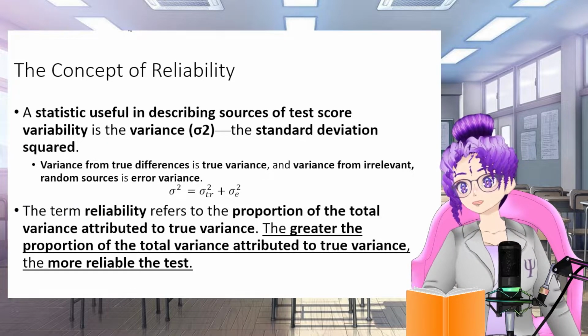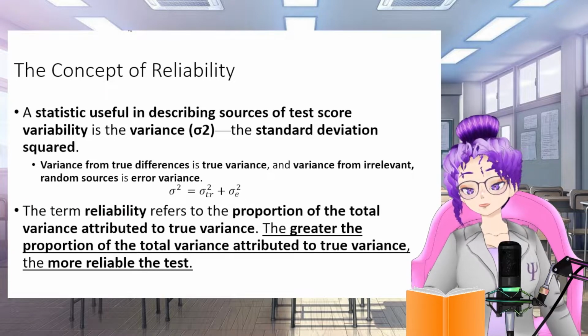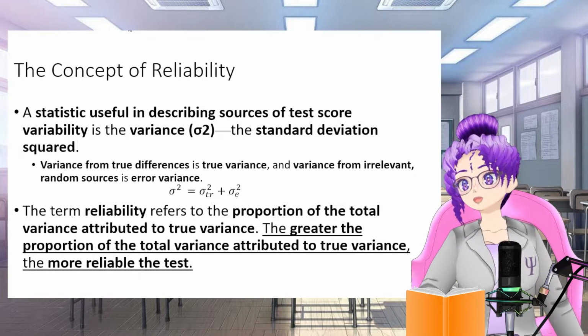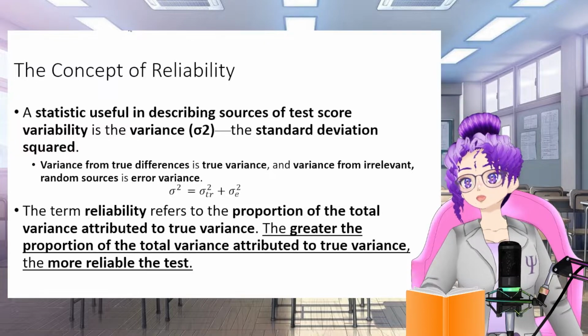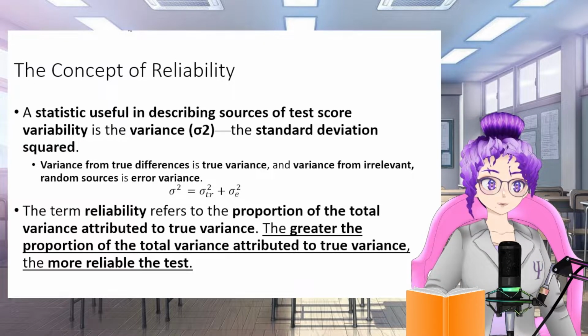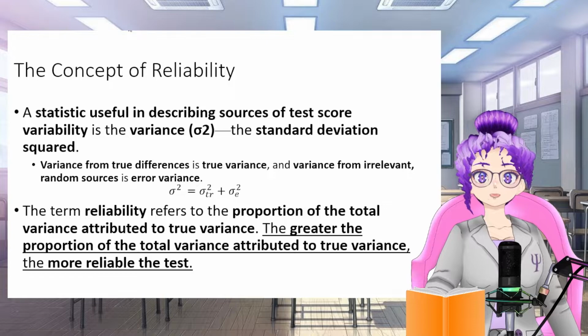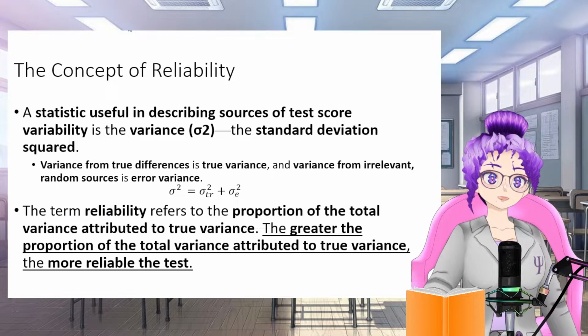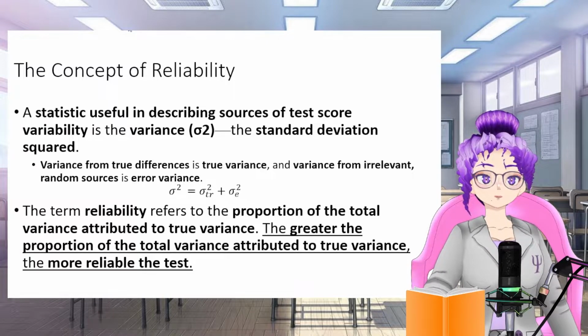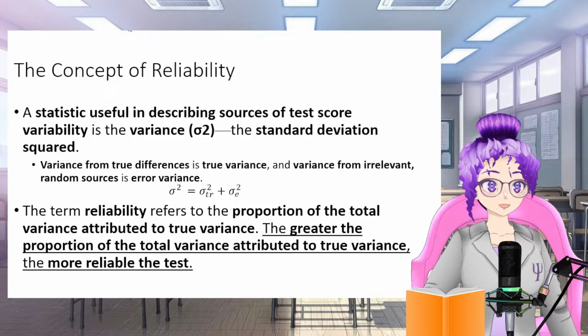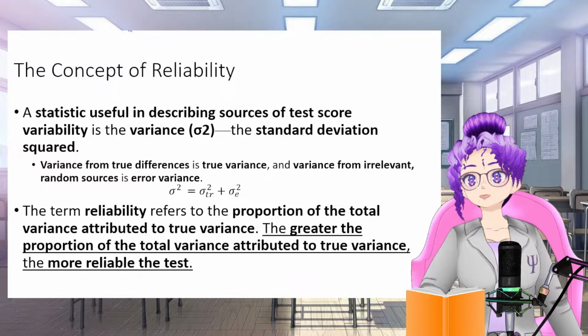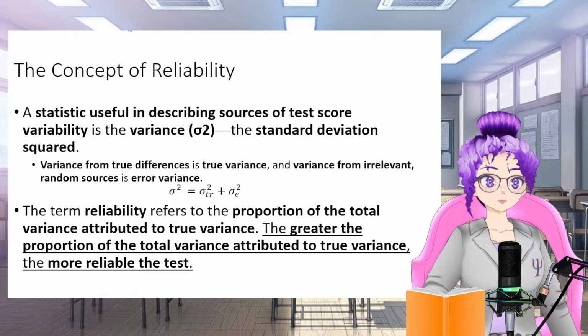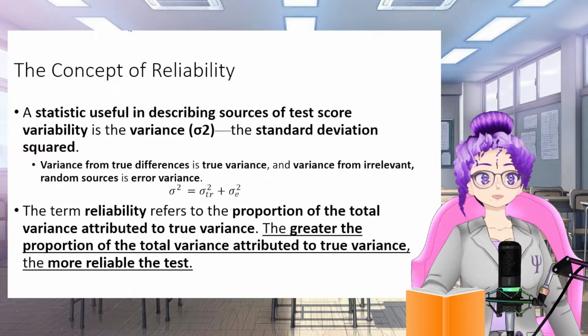So again, the greater the proportion of the total variance attributed to true variance, the more reliable the test is. So it simply means that if your reliability coefficient shows that true variance is greater than that of the error, then we can say that the test is reliable.